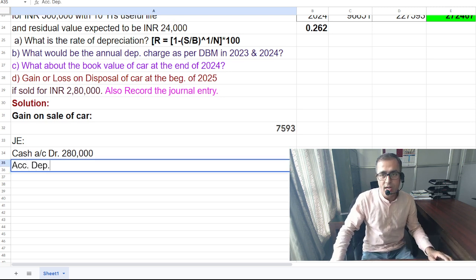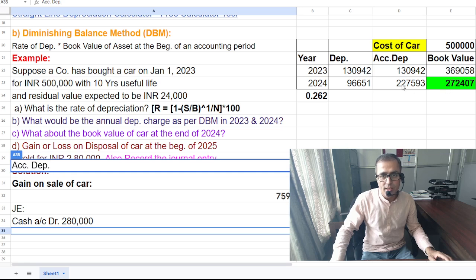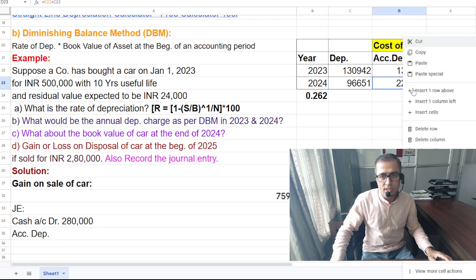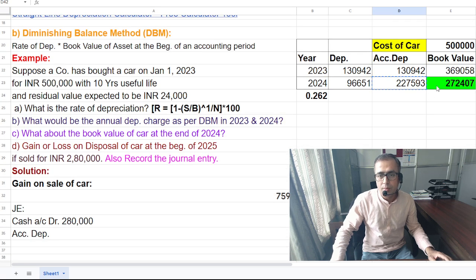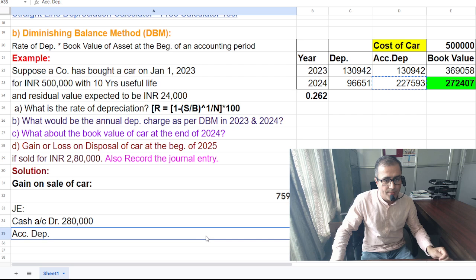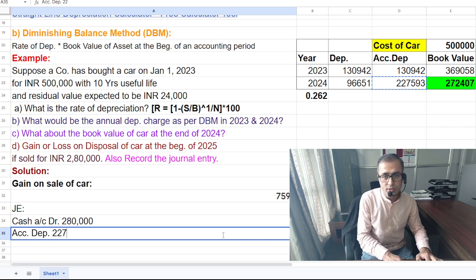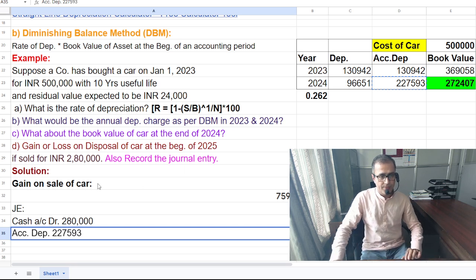We already calculated the required information: accumulated depreciation is 2,27,593. Now this is our accumulated depreciation.